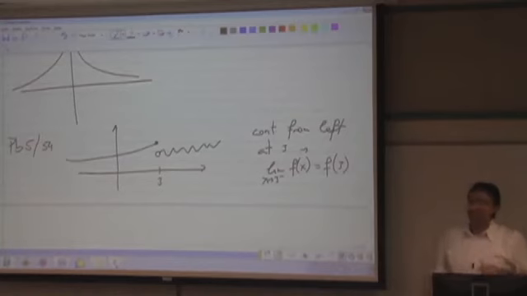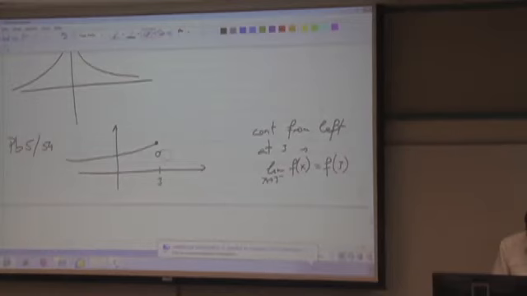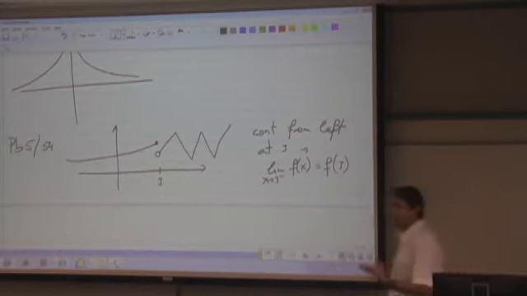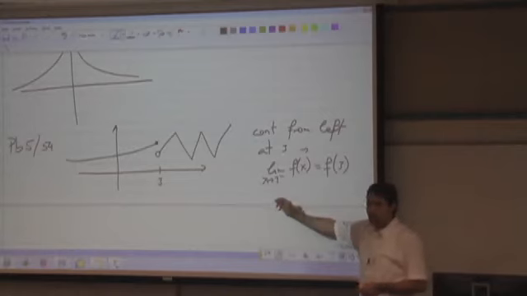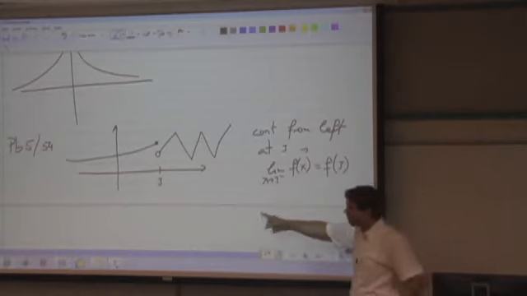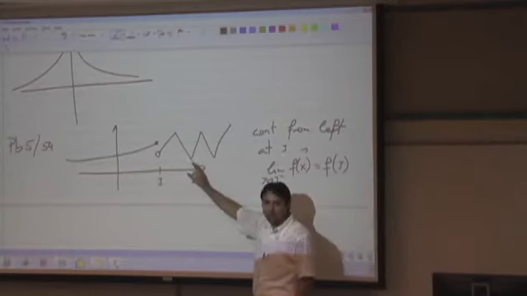I kept drawing them straight, so I should be a little more creative. Actually, nobody stops me from having something like this. The point is, it can be jagged. It doesn't have to be smooth like I've been drawing all of them. This is also continuous. Is everybody understanding this?